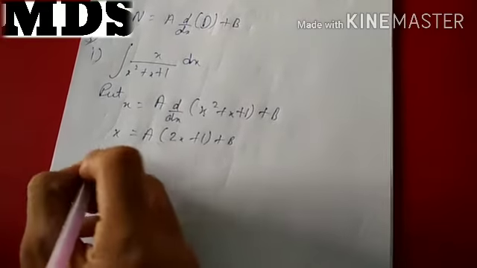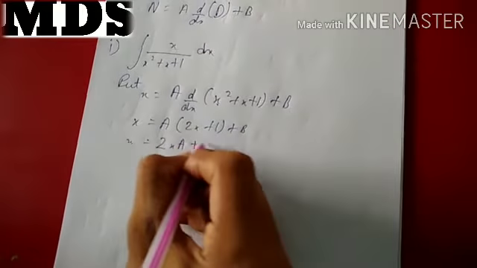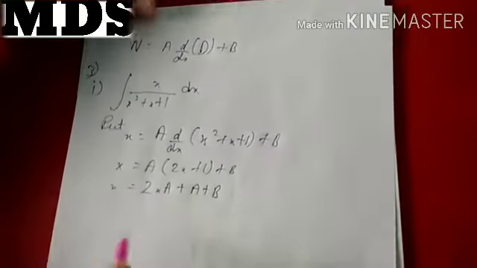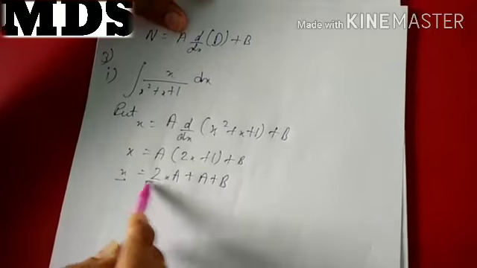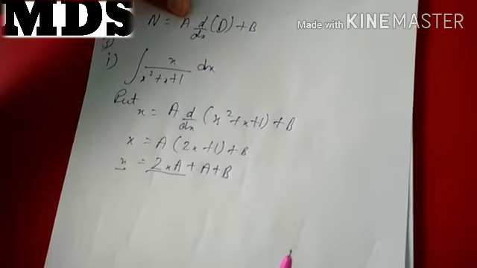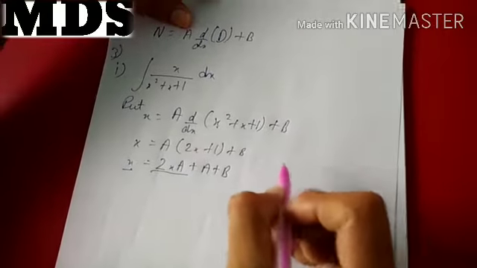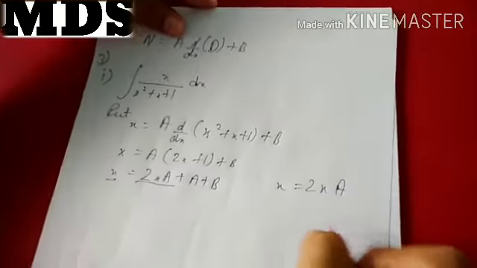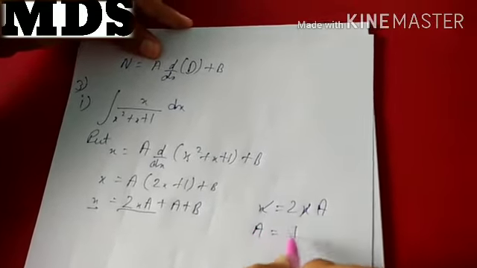Now x will be equal to 2x into a plus b. Okay, now you can see that we can equate these two because both of them have variable x. So x will be equal to 2x into a. x will cancel, so that means the value of a will be 1 by 2.